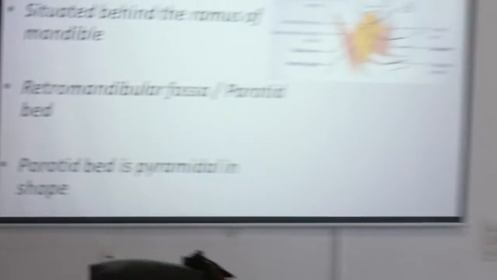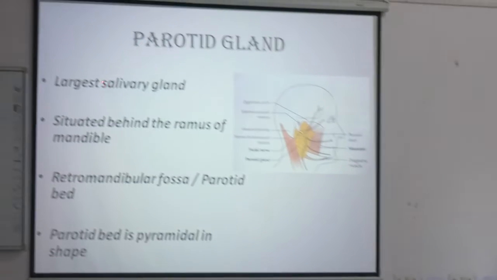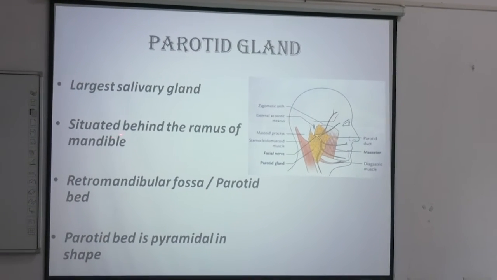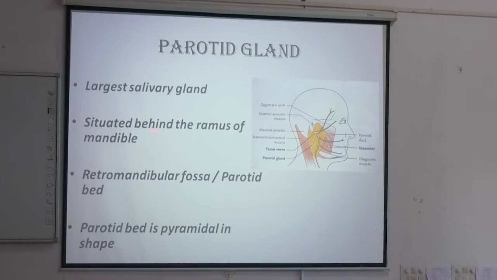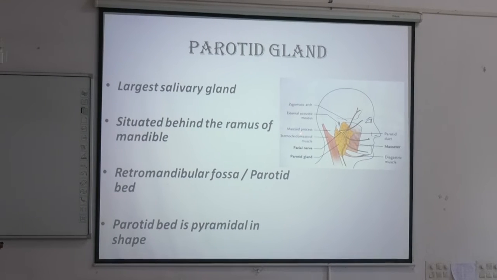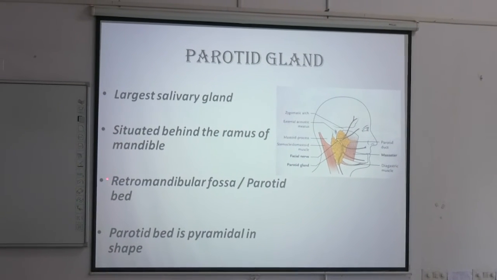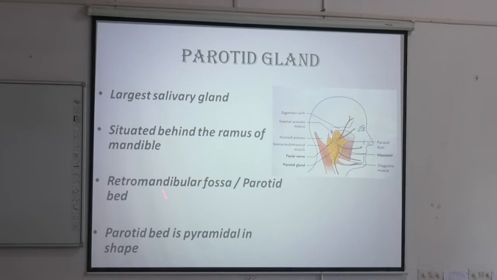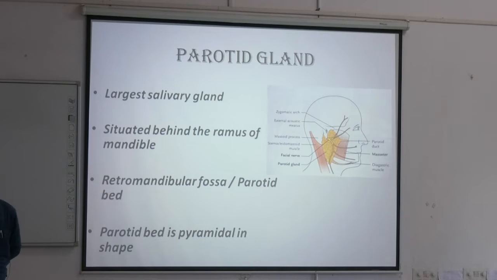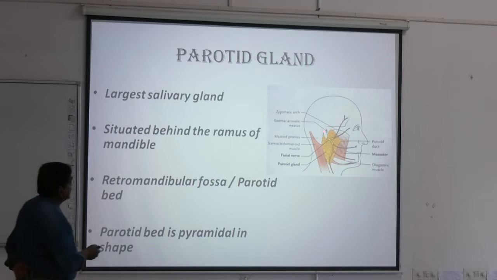Okay? Now, the parotid gland is the largest salivary gland, situated behind the ramus of the mandible, in the retromandibular fossa or parotid bed. The parotid bed is pyramidal in shape. Here is the gland.